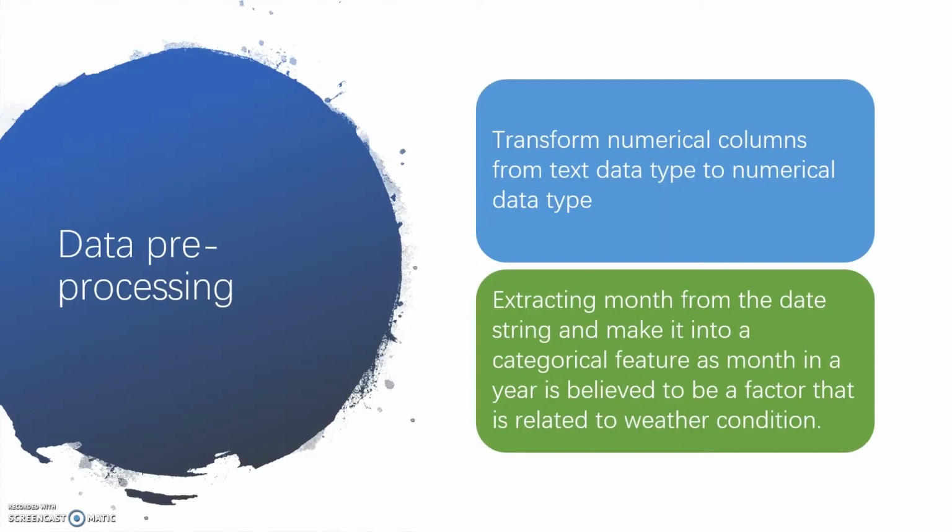During the missing data filling operations, numerical columns are transformed from text data type to numerical data type. The month of the year of each data row is also extracted during the process and made into a new feature.